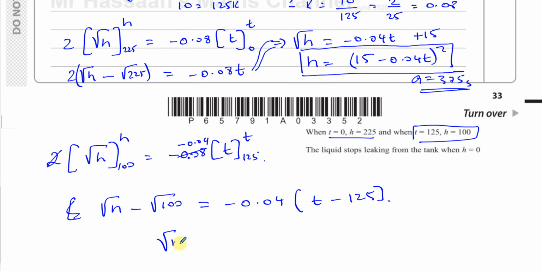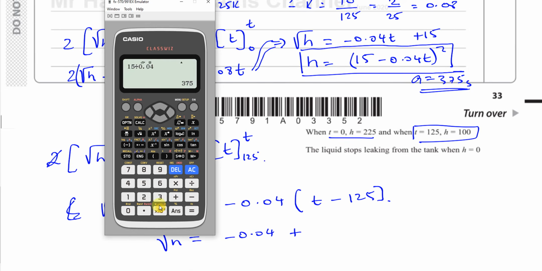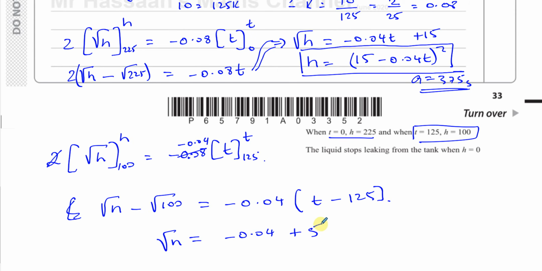So I'll have root h, that's going to be 10, equals minus 0.04 times t, plus, this times that gives you 0.04 times 125. 125 multiplied by 0.04 gives you 5. That's going to be plus 5, and plus 10. Why? Because minus root 100 gives you minus 10, so add 10 to both sides.